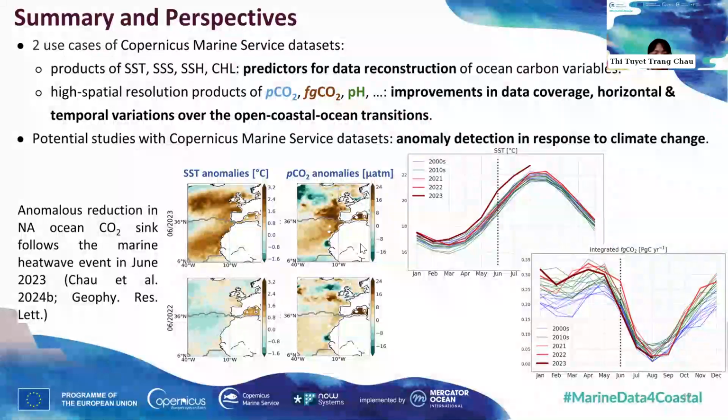And corresponding to the heat wave event, we observe an anomalous reduction of the ocean CO2 sink in June 2023 compared to the 2000 sink. A similar study can be applied to all the ocean basins and coastal regions over the globe to study the anomalies that coexist with or are driven by climate extreme events.